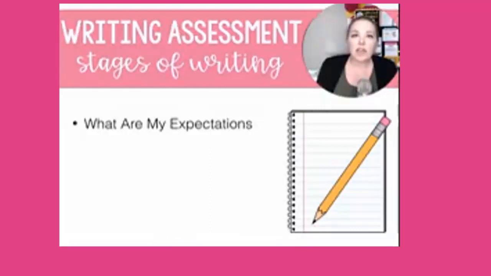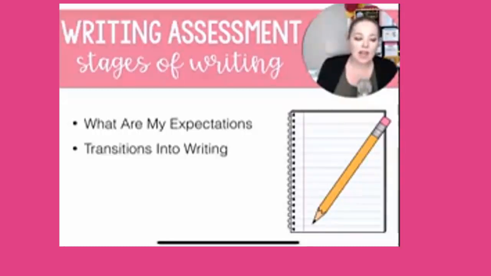So these are looking at what exactly my expectations for writing are, what I want them to go through, as well as looking at some of those transitions that students are going to be making as they're getting into writing.